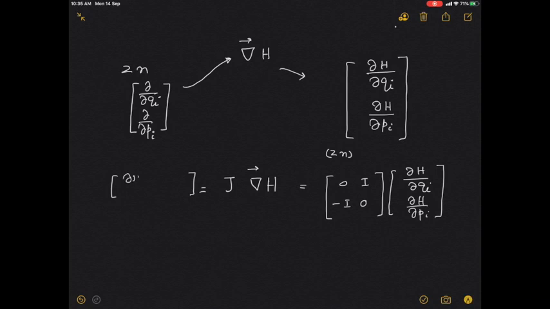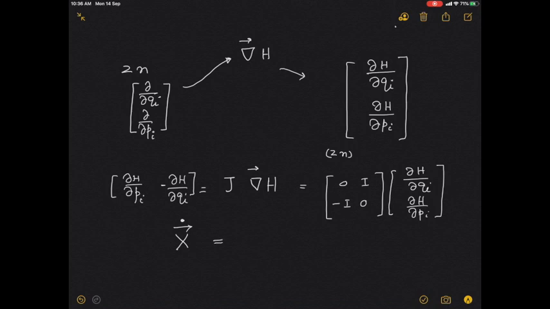The first term is 0, and the second one will give you del H del Pi. And if you do the rest, you will get minus del H del Qi.